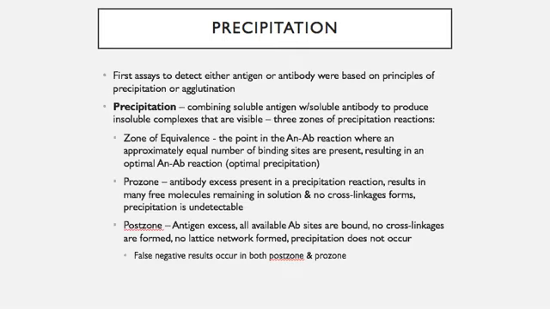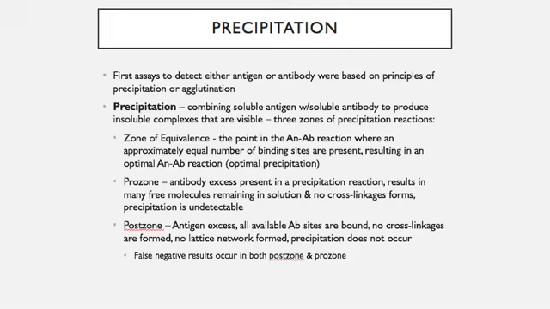Okay, so the first assays that were developed to detect either antigen or antibody were based on principles of either precipitation or agglutination. Both of those are considered unlabeled assays because there's not a marker label needed to detect the reaction.